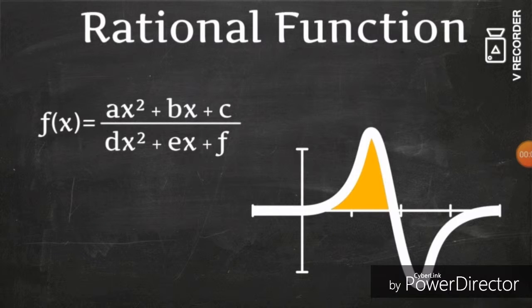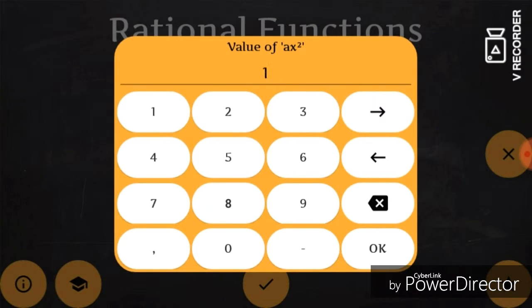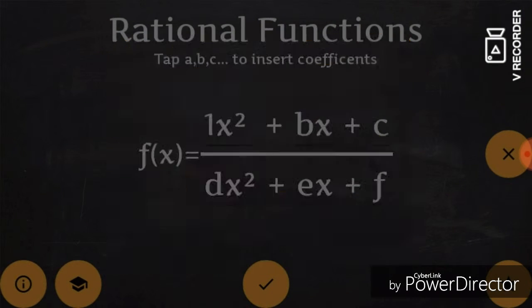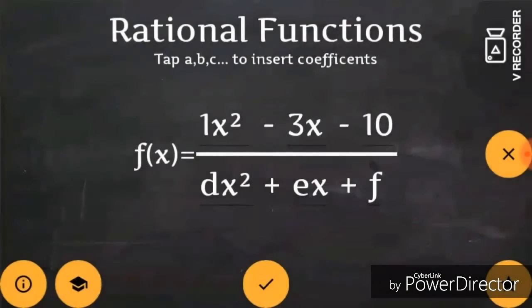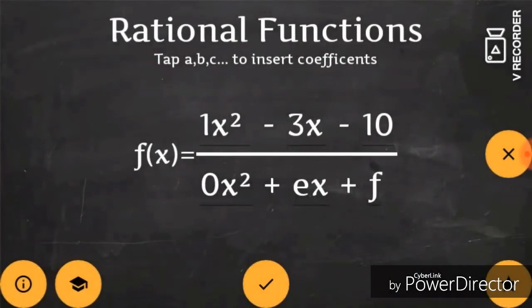Next example, a rational function f of x is equal to x squared minus 3x minus 10 all over x. To write this function, we let a is equal to 1, b is equal to negative 3, c is equal to negative 10, d is equal to 0, since we don't have a second degree function in the denominator.